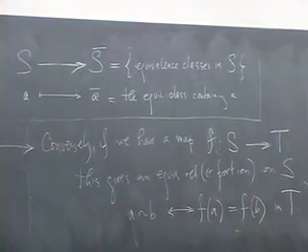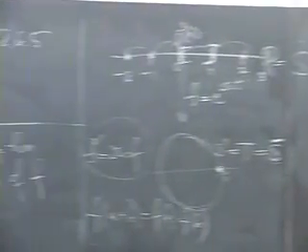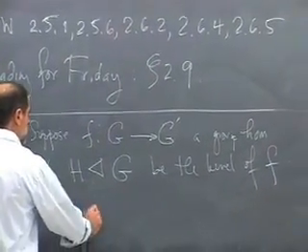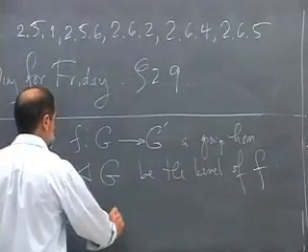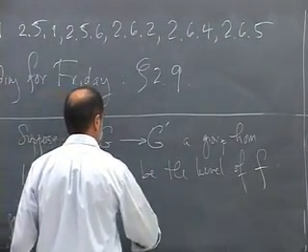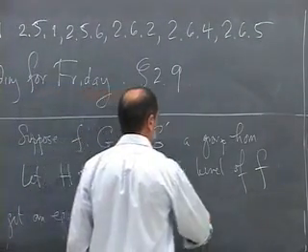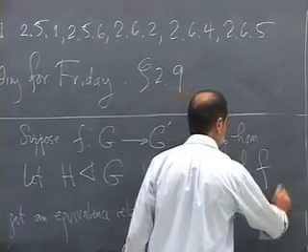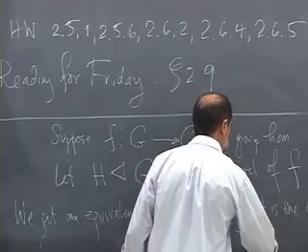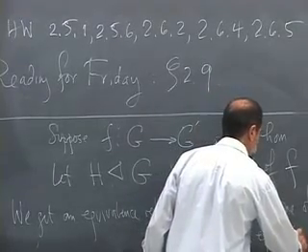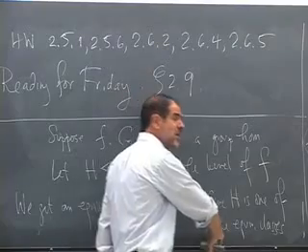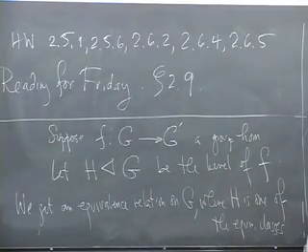We get an equivalence relation on G where H is one of the equivalence classes. Namely, anytime we have a group homomorphism, we get a partition of G into pieces, and one of the pieces is the kernel of the homomorphism.